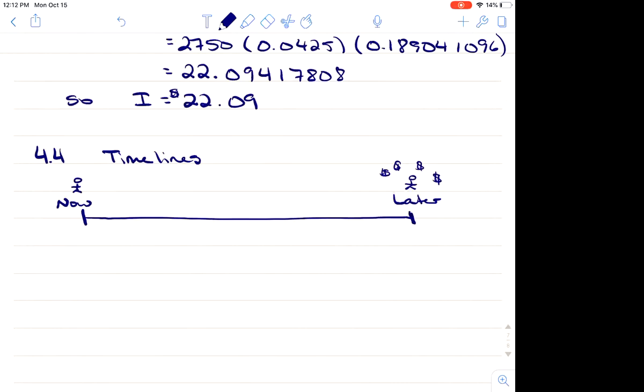So in its most general form, we deposit some P, so some principal amount, and we put it down below. And then with an arrow, we show that this P sits there for some amount, sorry. My pen glitched out.